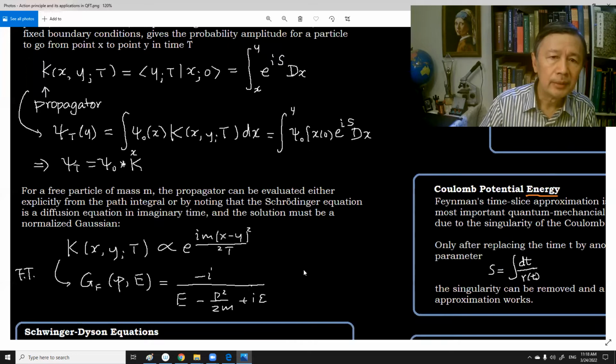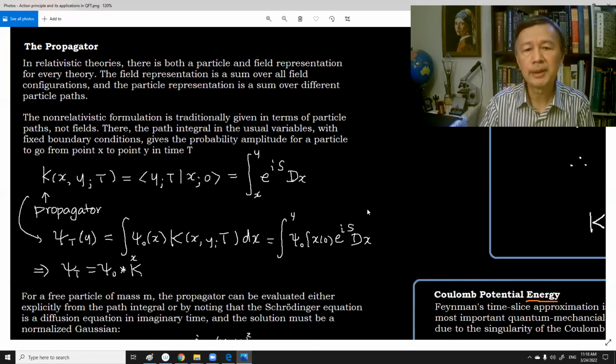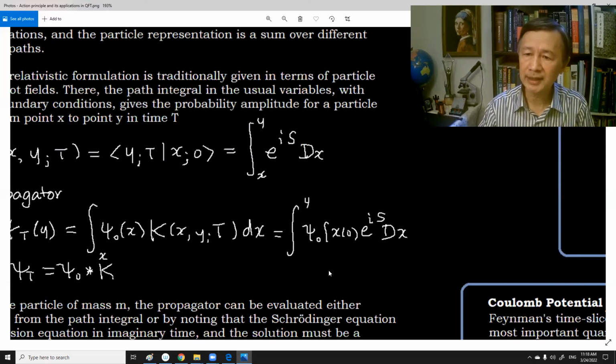Any other example? Propagator. So the propagator is an idea we can go into in detail when we discuss Richard Feynman's quantum electrodynamics. And the propagator is just a kind of integral in relation to the action.